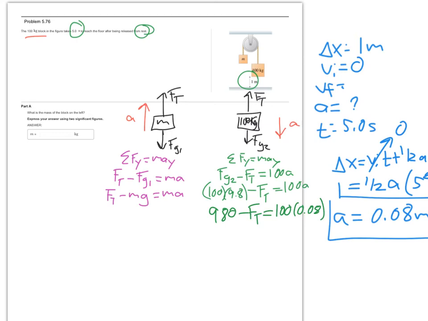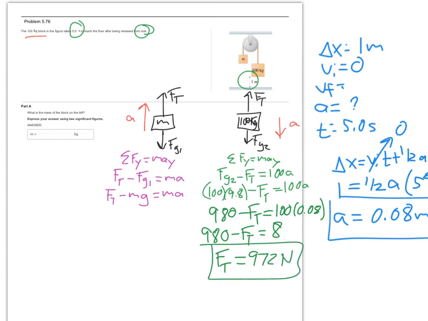And so I end up getting 980 minus ft equals 8, and so my force of tension here is just going to be 972 newtons. I can use that force of tension and my acceleration over here in my F equals ma on the unknown mass.